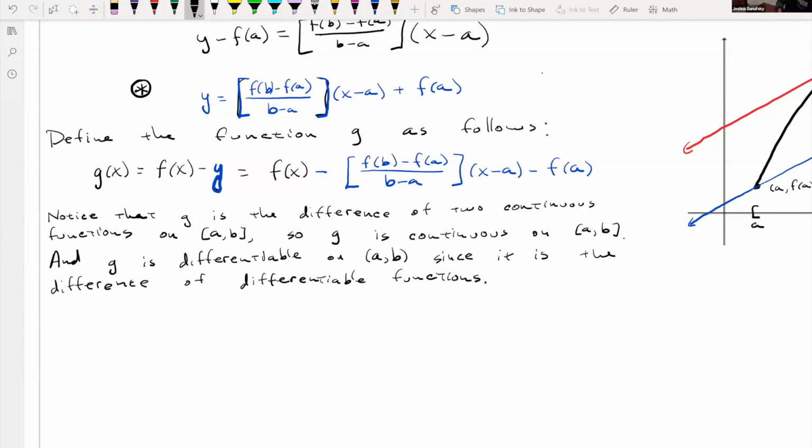Okay. One more thing to notice. Also, g of A is equal to 0, which is equal to g of B.